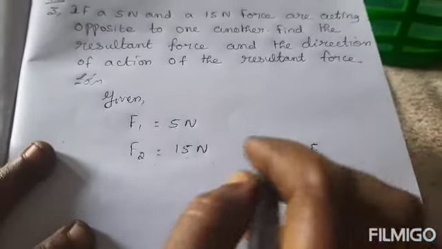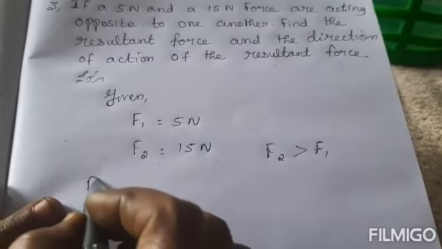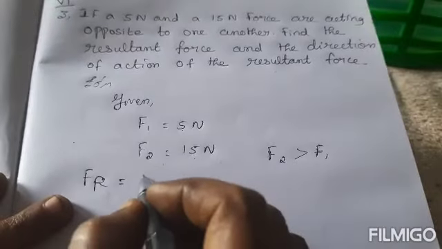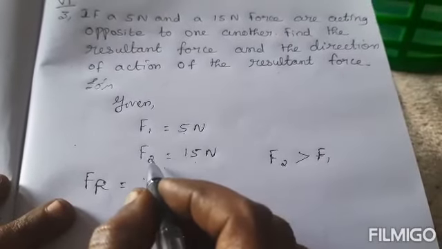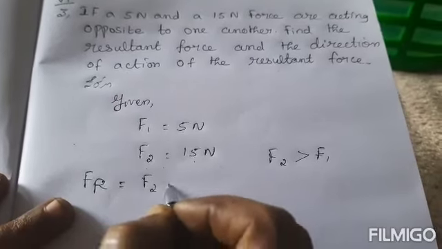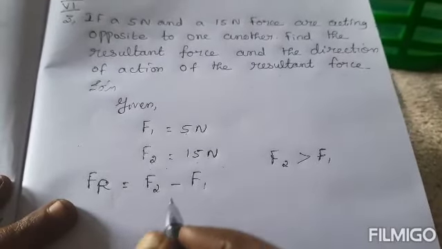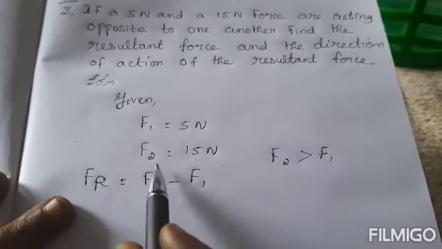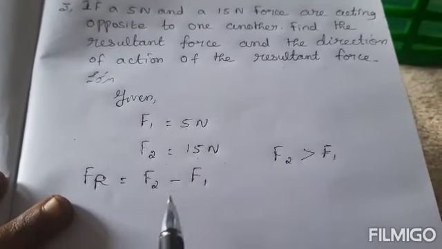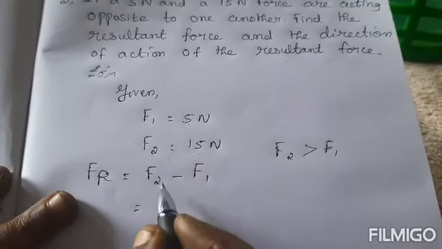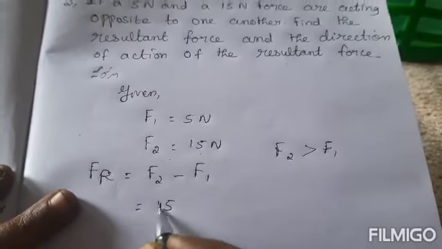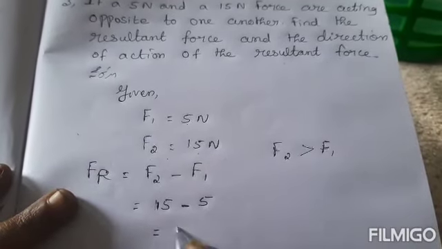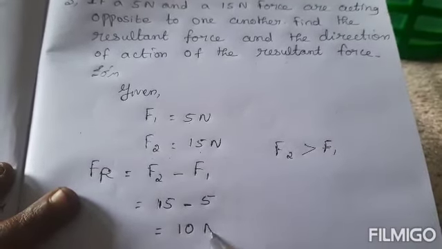Now what is the formula? You have learned already. F resultant equals F2 minus F1. Can you understand this formula? Why F2 minus F1? Because F2 is greater compared to F1, so you have to subtract the values. F2 value is 50 minus F1 value 5, so 50 minus 5 is 45. The unit of force is Newton.